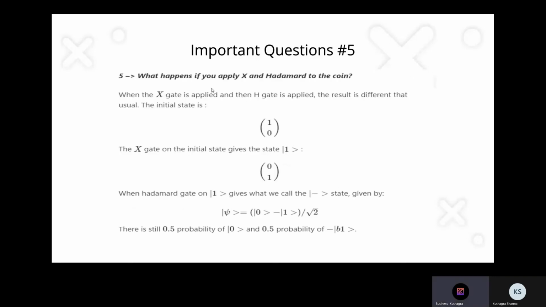What happens if you apply an X gate and then the Hadamard gate? This is not related to the circuit, but it's still quite informational. Applying an X gate changes the qubit from the 0 to the 1 state, and applying the Hadamard gate on the 1 state changes it to a minus state, which is nothing but (0 minus 1) over root 2.